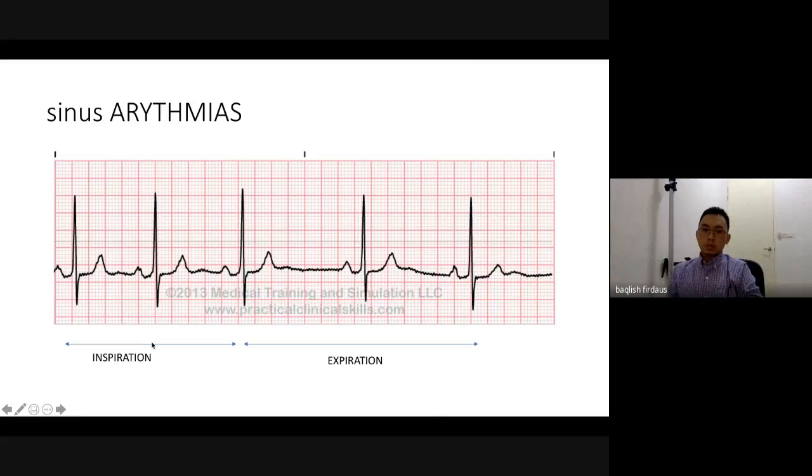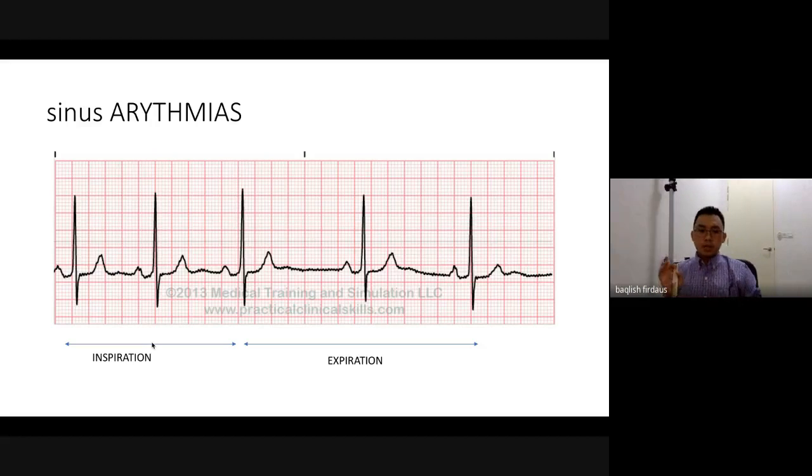So what is sinus arrhythmia? Sometimes when I do rounds, I just comment on the ECG: okay, the rhythm is sinus arrhythmia. Sinus arrhythmia means there will be a beat-to-beat variation according to the patient's inspiration and expiration.